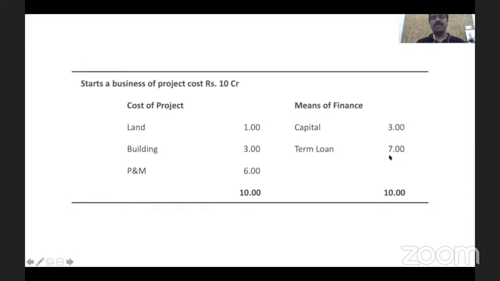So I need a minimum term loan of 7 crore. I have already brought in 3 crore. Some small additions are manageable. It means there will be a corresponding reduction in loan if the bank says so. But if the bank is generous to give this entire 7 crore, I'll be happy. Okay, so this is the background.